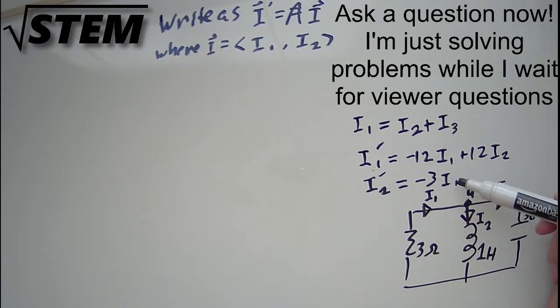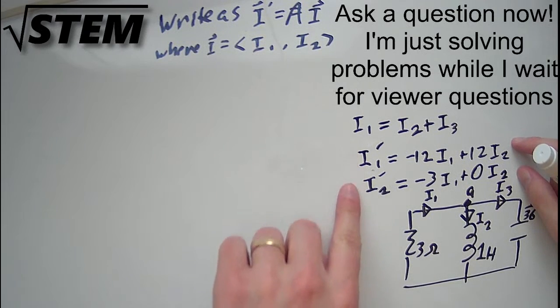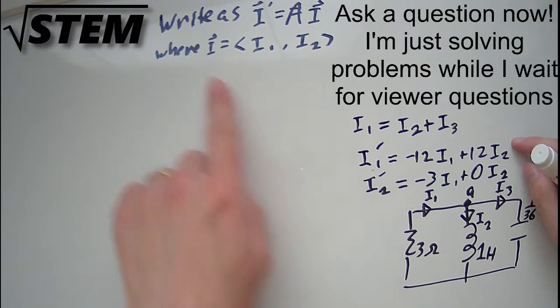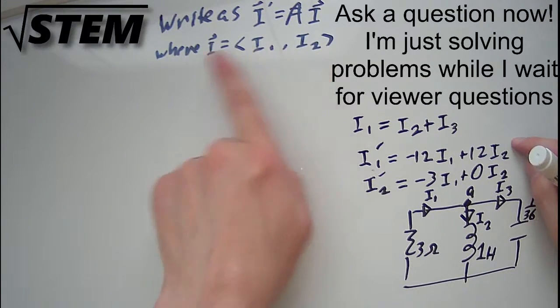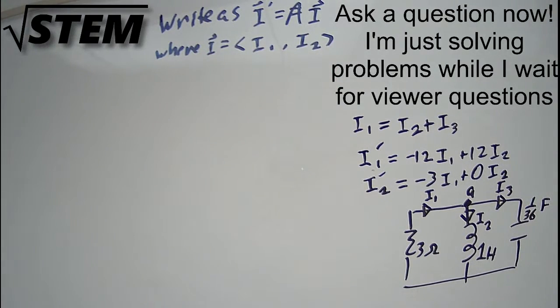In I2 prime we have a coefficient for I1 but nothing for I2. So we'll say that that's 0 I2. And if we stack them up in a vector, we would have I prime over here. So exactly the derivative of this, rather, is I1 prime, I2 prime.